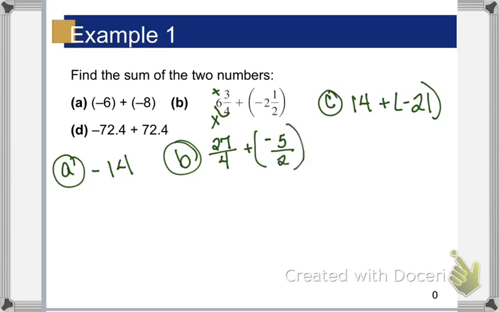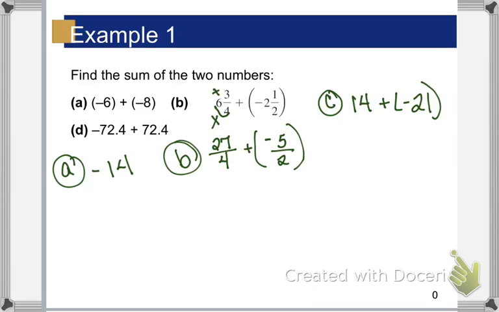Okay. Now, do I have a common denominator? My common denominator is 4. Now, did anybody say it was 8, just out of curiosity? You could have multiplied 4 times 8. 8 is a common denominator.